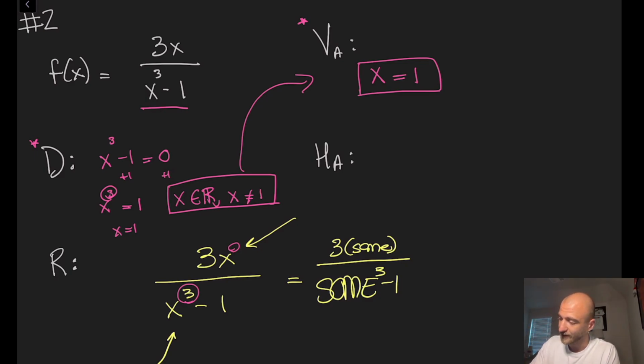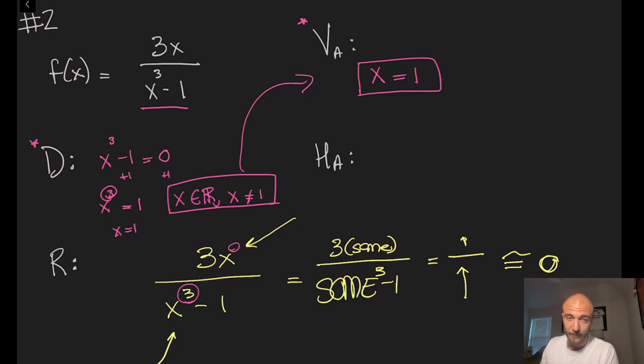If we rewrite it like this, as x is starting to get really, really big, the top is going to start getting big, but the bottom is going to start getting way, way, way bigger, which means that the bottom is always going to be bigger than the top for big values of x. So as x gets really big, this guy is going to approximate or go towards 0, just like in the previous case. It's never going to quite get there, but it's going to go towards 0.